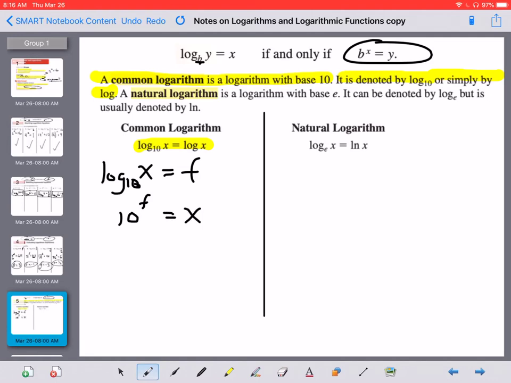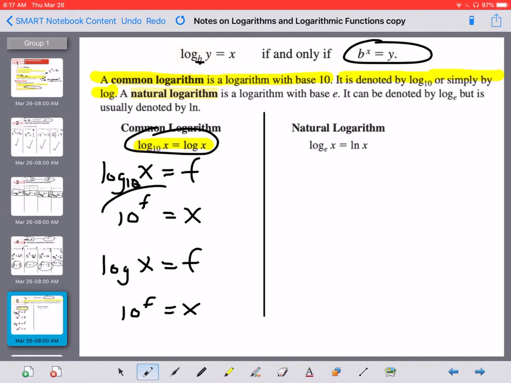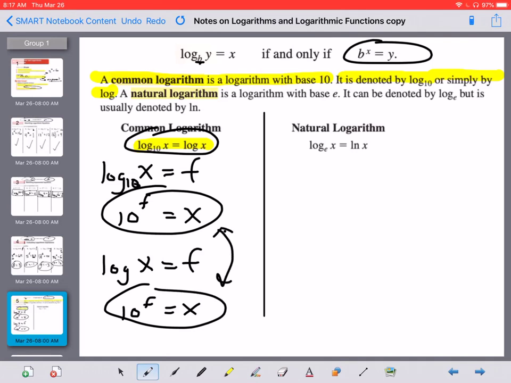And we went over how to change from one to the other on the previous page, right? If I had just written log x equals f, it's the same exact thing. The 10 is implied, so this literally also means 10 to the f equals x. So notice these two things are exactly the same, all right?